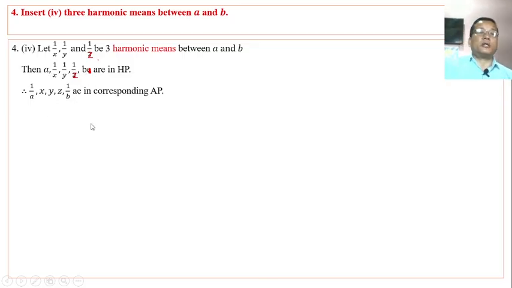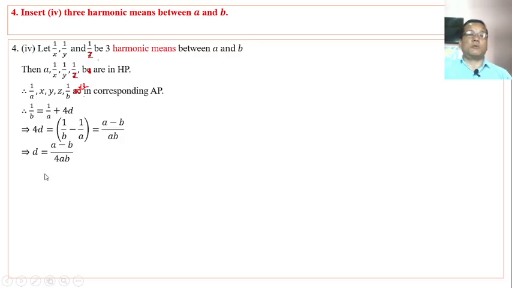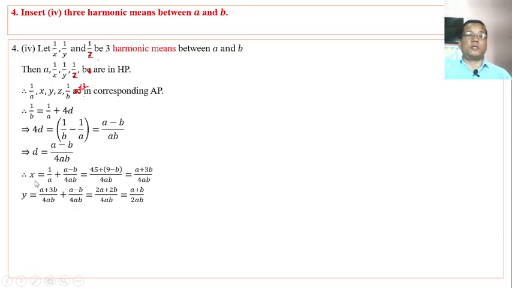They are in corresponding AP, where 1 by b is the fifth term: first term plus 5 minus 1, that is 4, let the common difference be d. We find the d value in terms of a and b. Then x is the first term plus common difference, simplified. Then y is simplified to a plus b by 2, and then z is found. So x, y, z are the harmonic means.